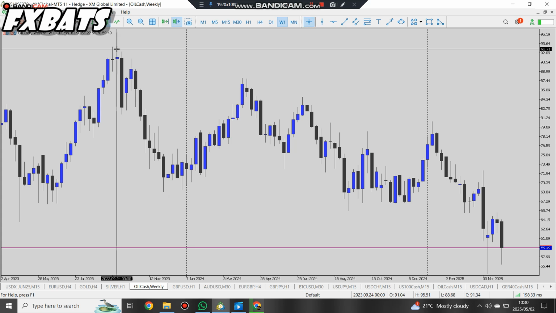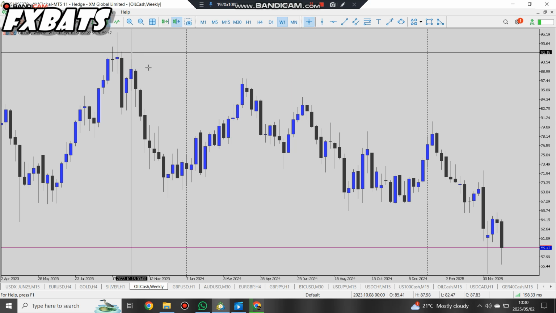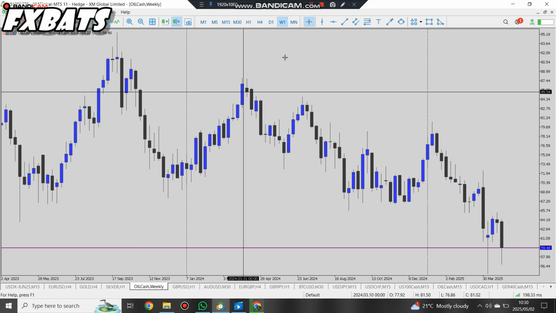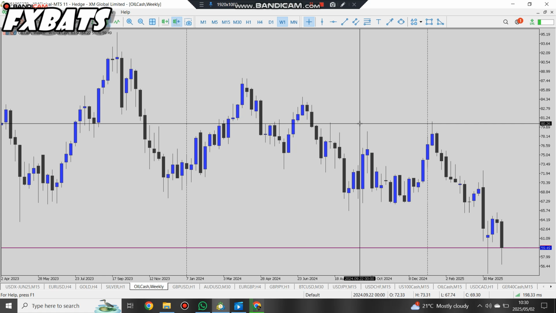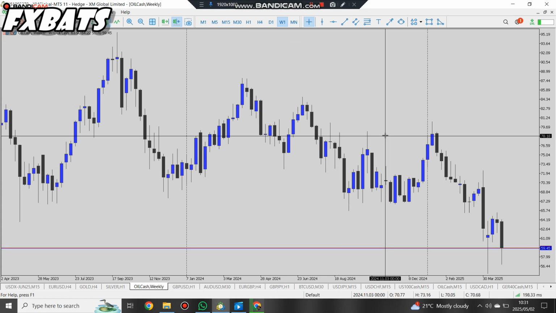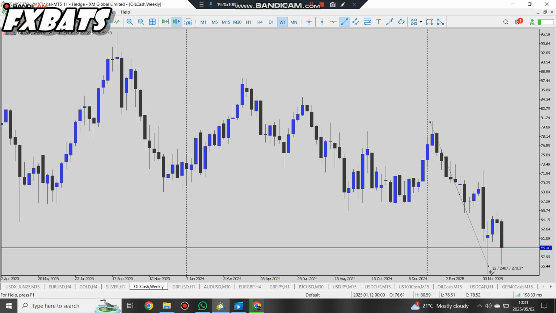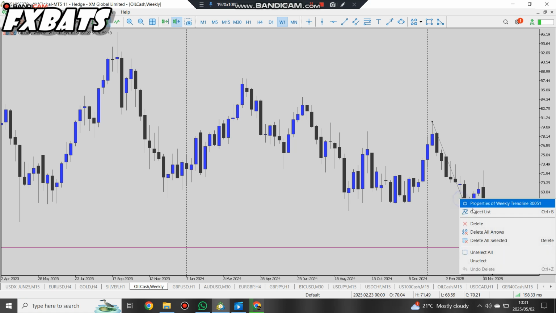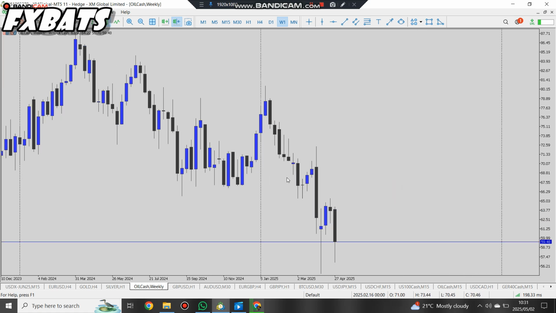Around September, you've been seeing a bearish move on weekly. So let me just focus on the recent trend, the recent leg. This recent leg is what I want to focus on analyzing.